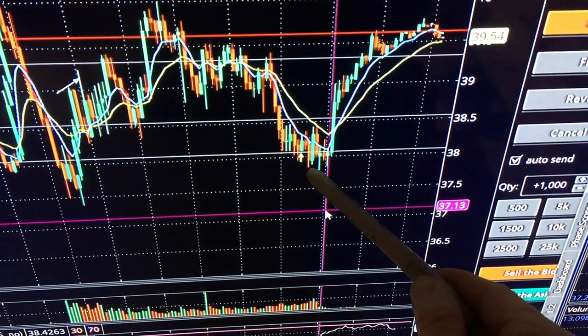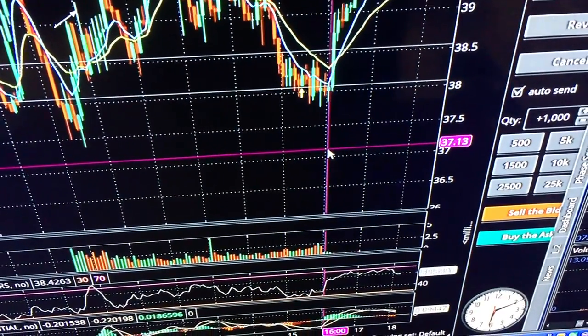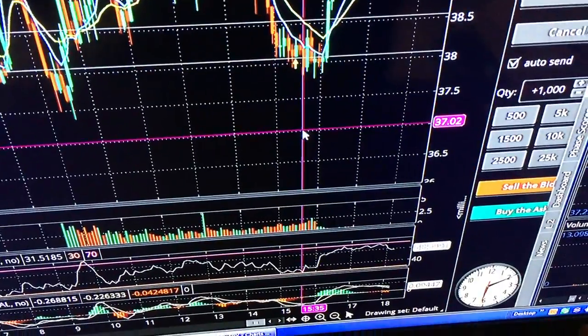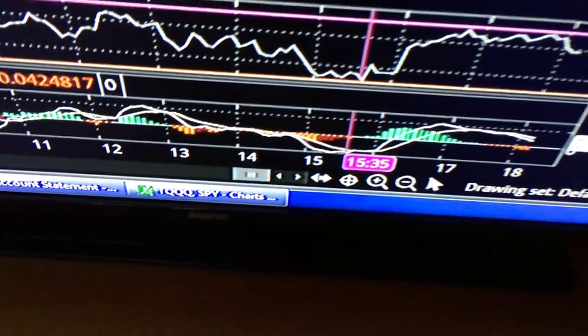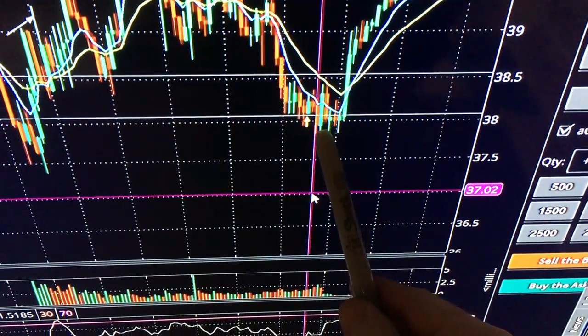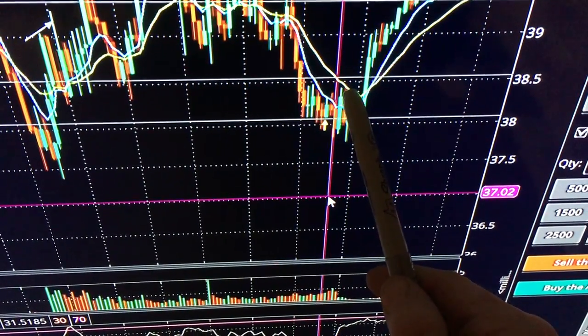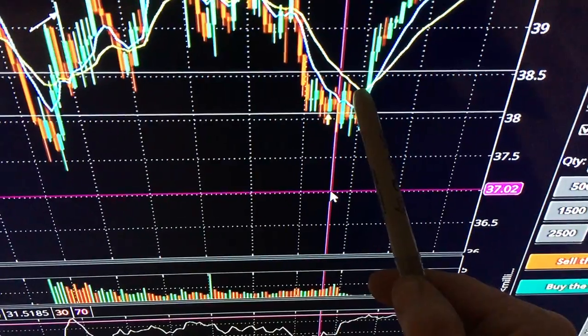Actually, it was right here at, let's see, would have been around 335, in the 335 candle. And I would have had a scalp opportunity here that would have netted a decent profit.